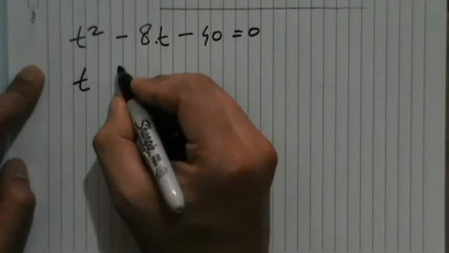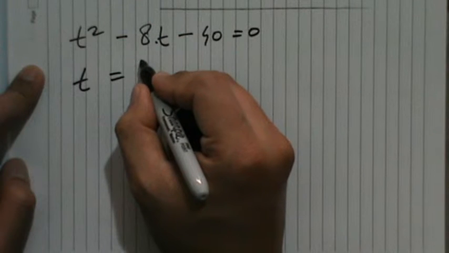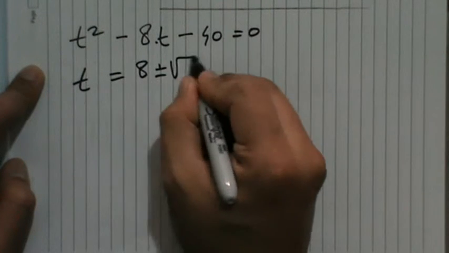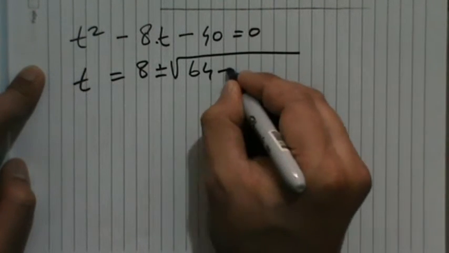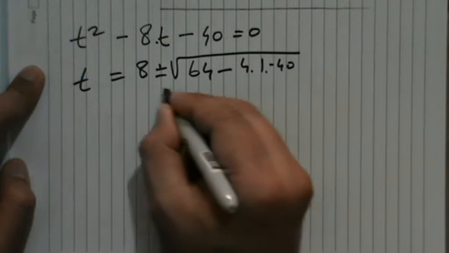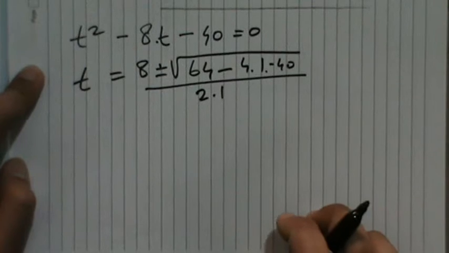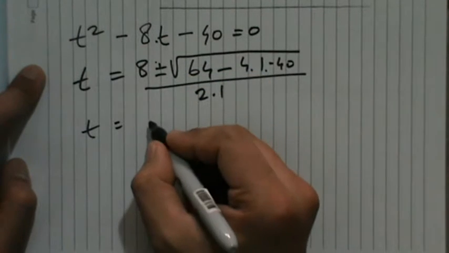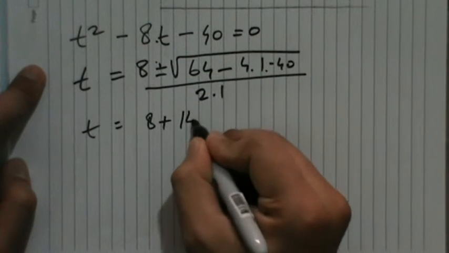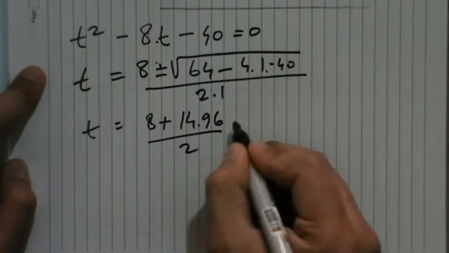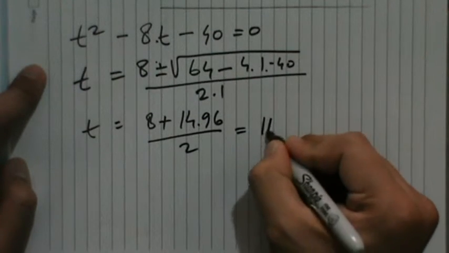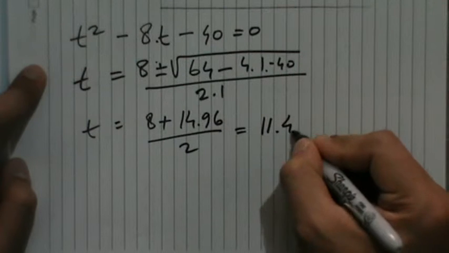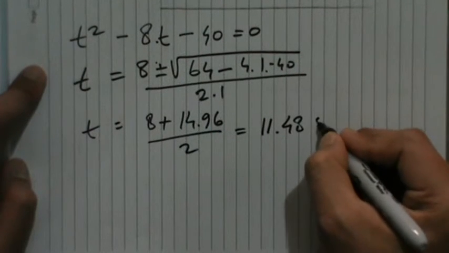So we'll get that t here is 8 plus minus square root of 64 and we use the positive sign, so we get 8 plus divided by 2, so we get that the time P catch Q will be 11.48 seconds.